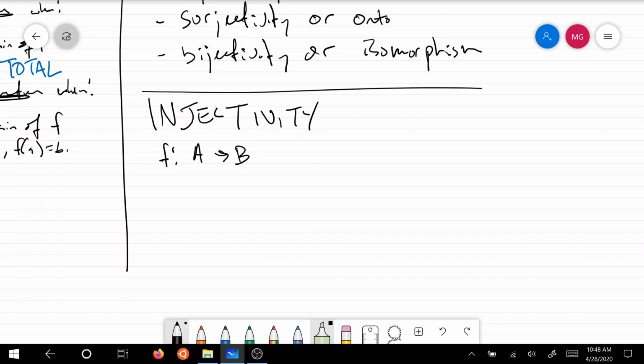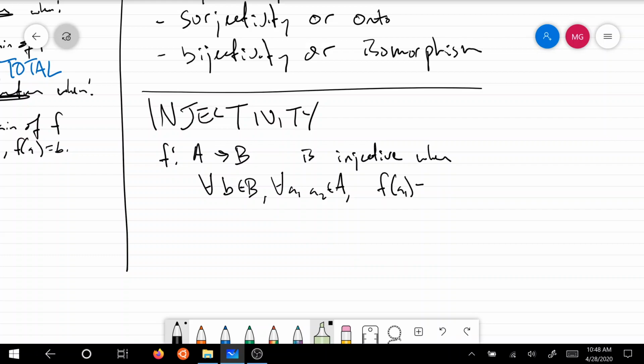We have a function f from A to B is injective when for all b in B, for all a1, a2 in A, f of a1 equals b, and f of a2 equals b, implies a1 equals a2.